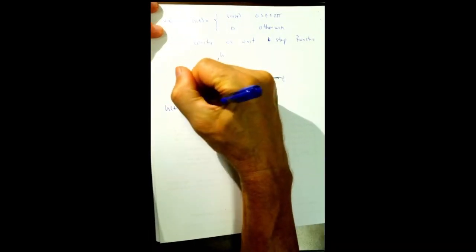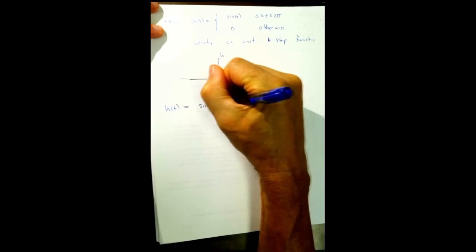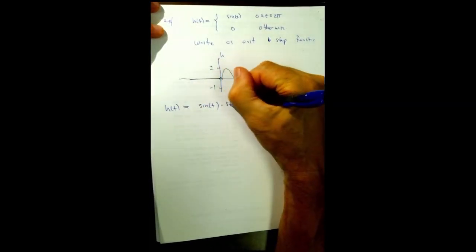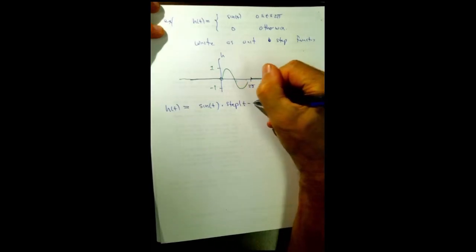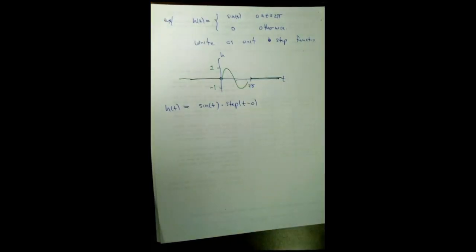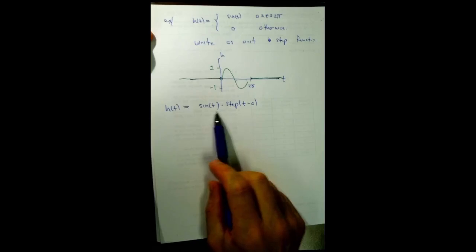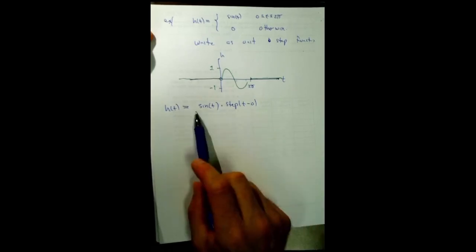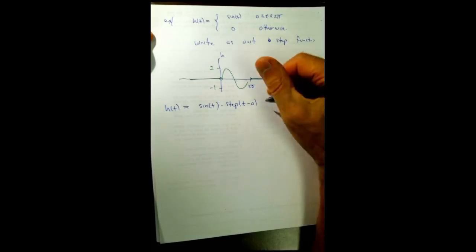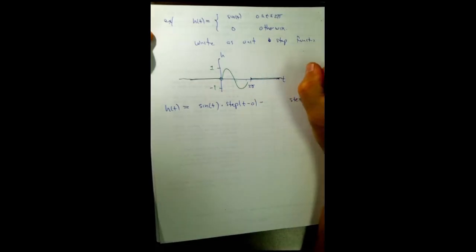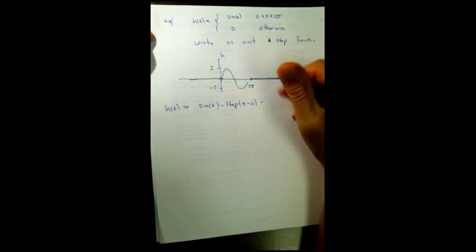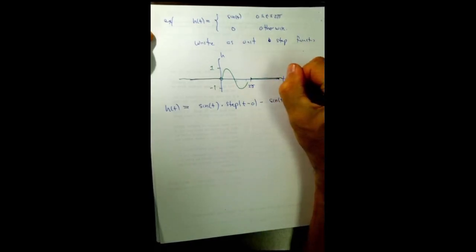So my h of t is sine of t, and I'm going to multiply by the step function evaluated at t minus 0. Now this function is going to be 0 if t is less than 0, but if t is bigger than 0, it's always going to be sine of t. So at 2 pi, I need to subtract to turn it off, and I'm going to basically subtract a sine of t.